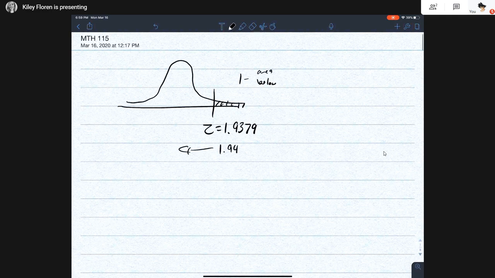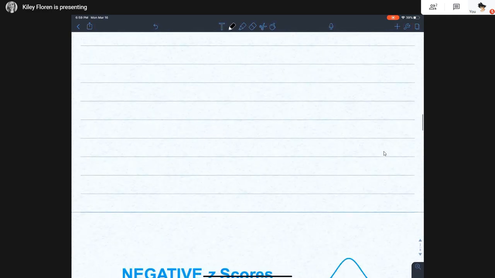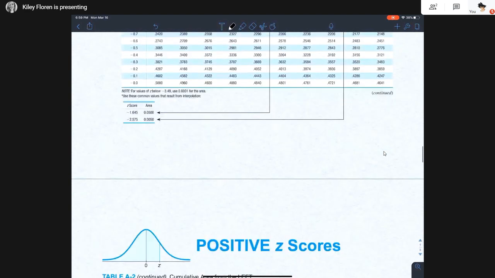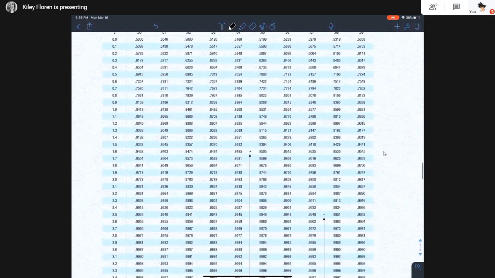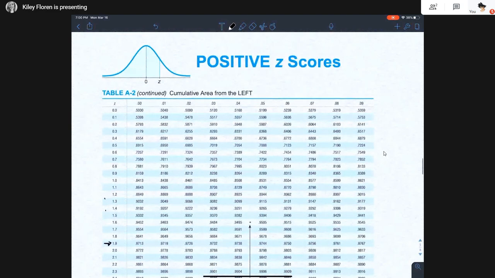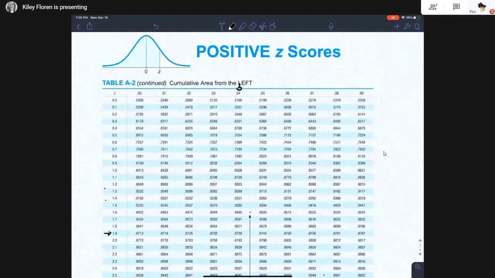Then we'll go on the table and look for my z-score of 1.94. These are my negative z-scores, so I'll go down to my positive z-scores. I'm looking at 1.9 and then 0.04, and I track these all the way in.